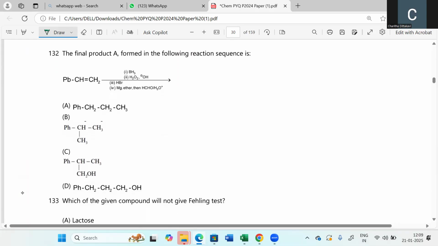Then final product A formed in the following things. Go to 132. BH3 is shown, okay.